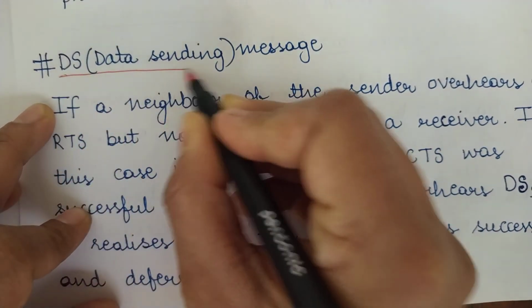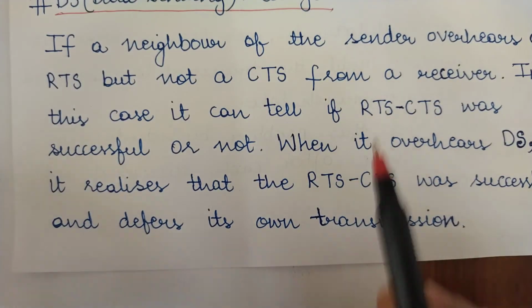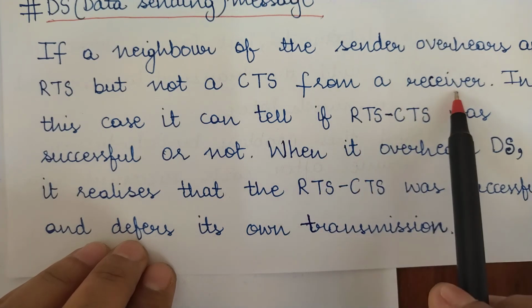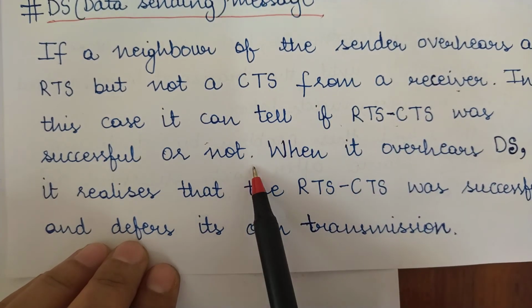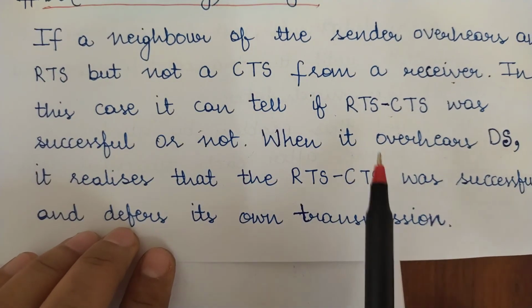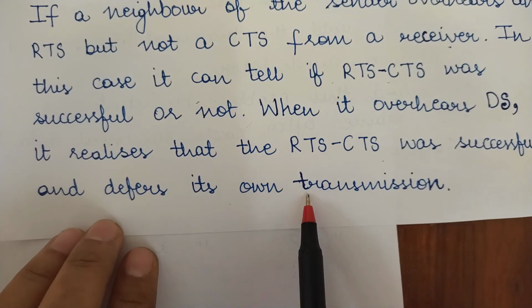The last additional feature is the DS, which is the data sending message. Now if a neighbor of the sender overhears an RTS but not a CTS from a receiver, it cannot tell if the RTS CTS was successful or not. When it overhears a DS, the data sending message, it realizes that the RTS CTS was successful and defers its own transmission.